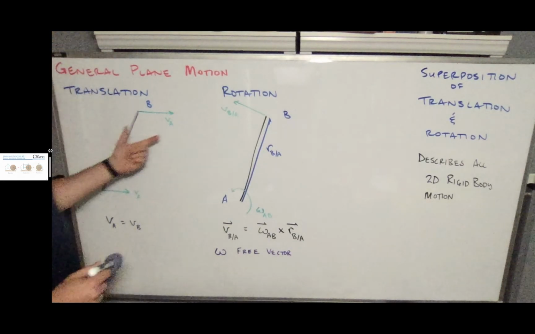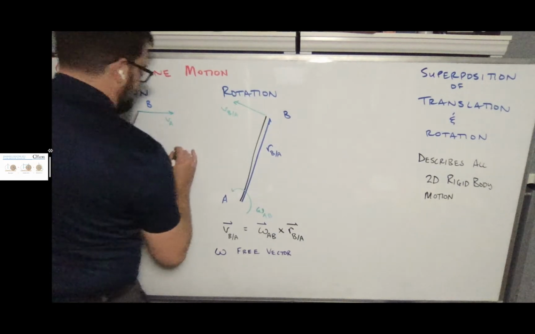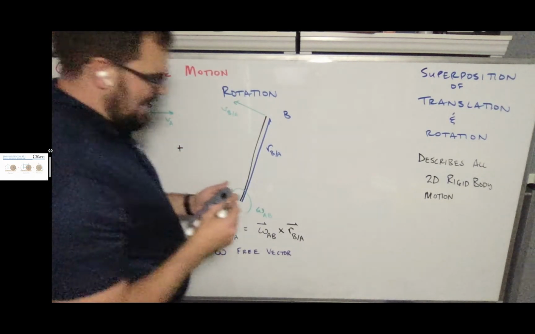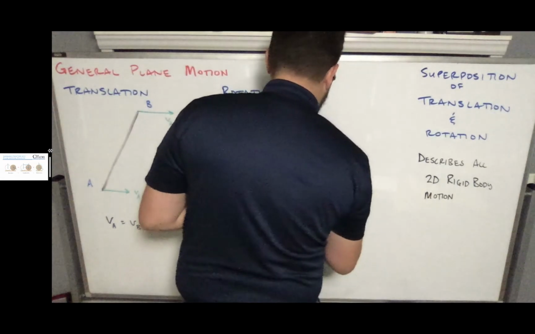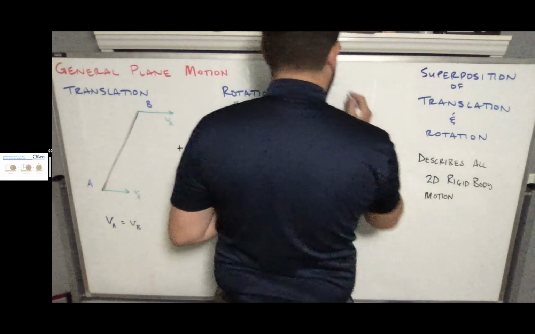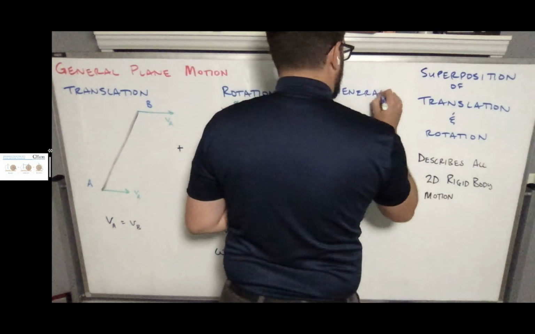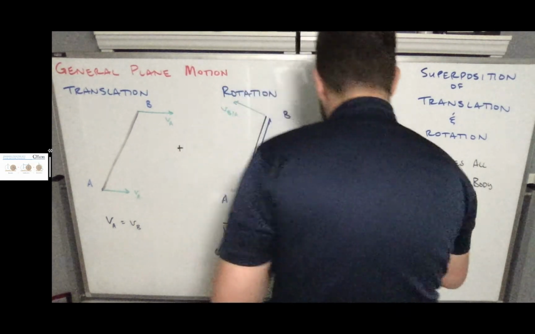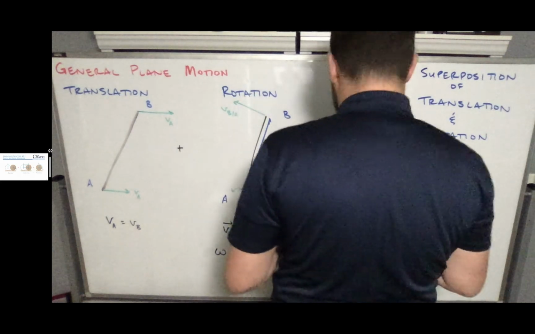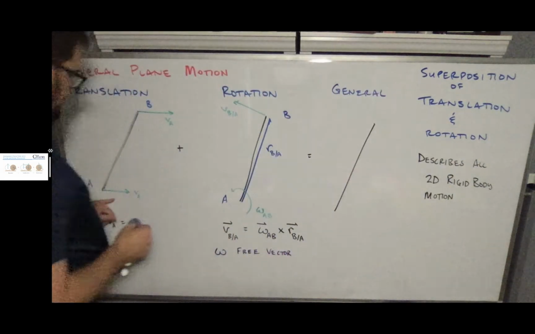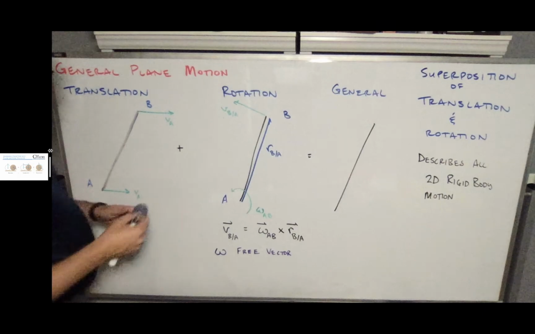So omega is also in the k direction when we're working in 2D. So we have translation, we have rotation. Now we want to use superposition and add the two together to get our general case. So our general case is going to be the tomahawk in its total motion. And what we're going to do is look at point A and add the two components together.